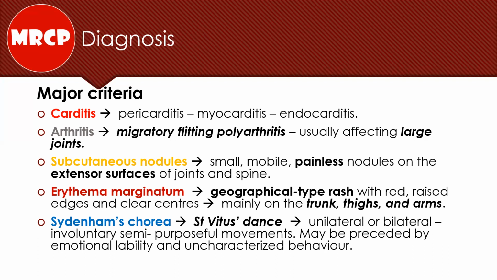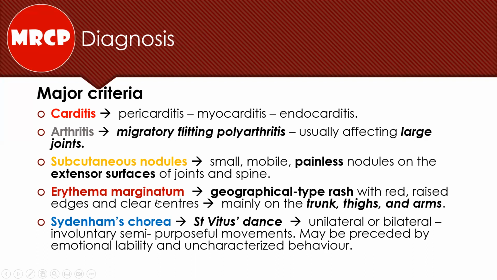Erythema marginatum is a very important component of the major criteria for diagnosis of rheumatic fever. It is a geographical type of rash, with white and raised edges and clear centers. Mainly erythema marginatum is present on the trunk, sides, and arms.